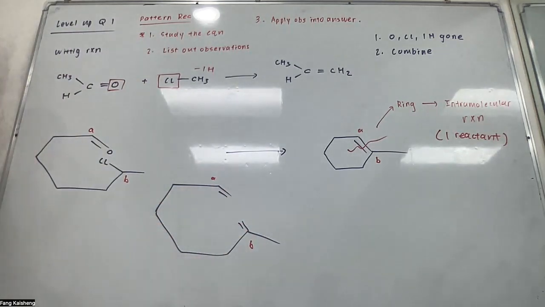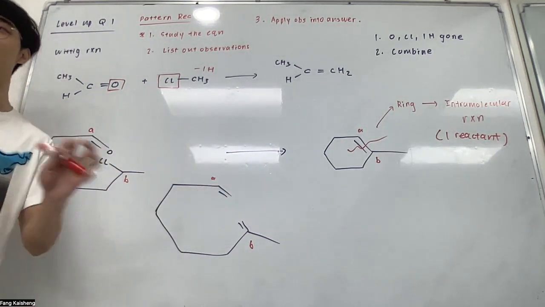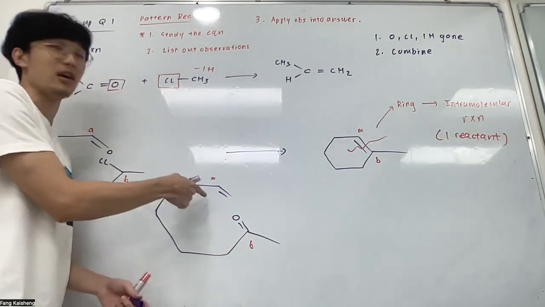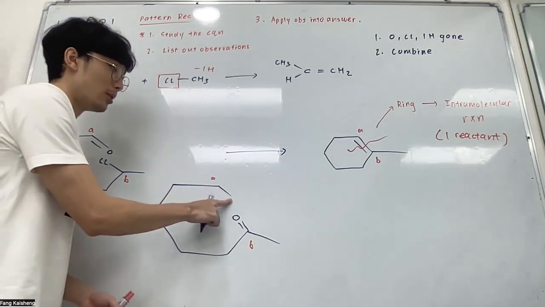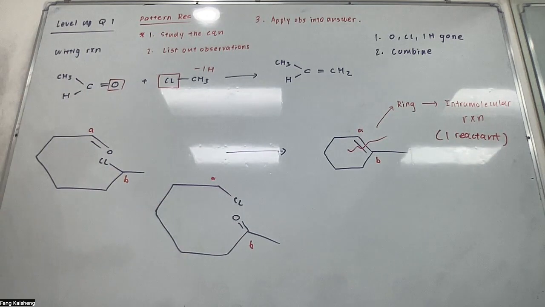Just now I put the double bond O on D, but I can add the double bond O on B also. That means on A, you must remove the double bond and just turn this back to H and Cl. You can do this also, another possible answer.